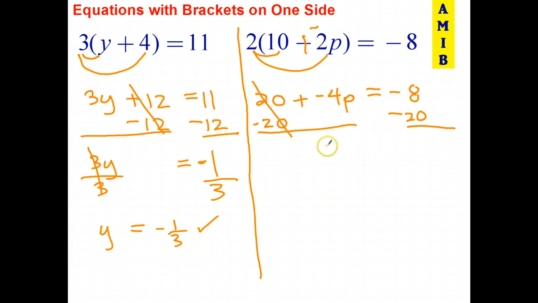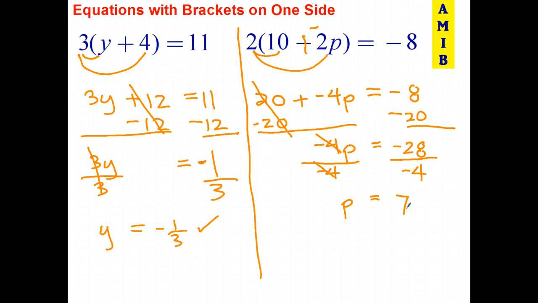That leaves me just the -4p, and that leaves me with -28. Last step, divide both sides by -4. Those cancel out, and p is -28 divided by -4, which is +7.